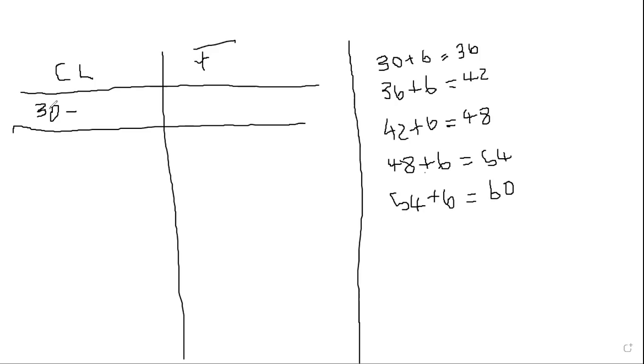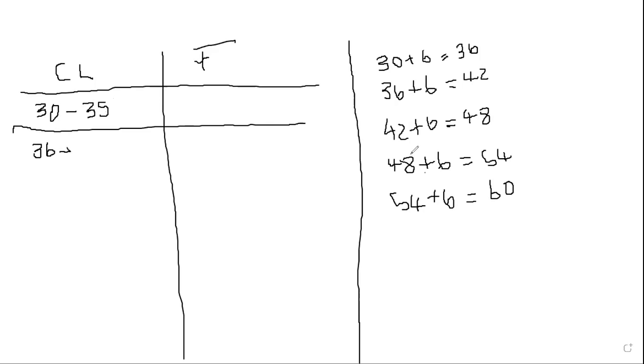So here we're going to say from 30 to 35, because our next lower limit for the next class is 36. Then the next one will be 36 up until what?